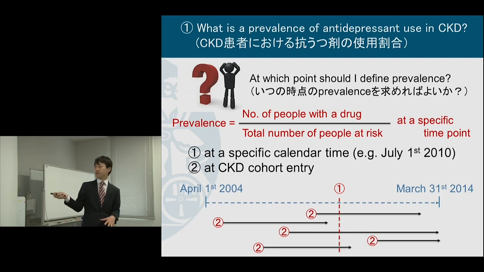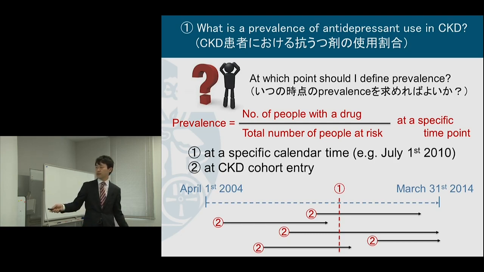But in a particular patient group like a CKD population, diabetes population or cancer patients, patients are identified as having a disease at different timings. So if you focus on one calendar time period, the number of patients included in the analysis is limited. So in this case, I decided to use option number two.